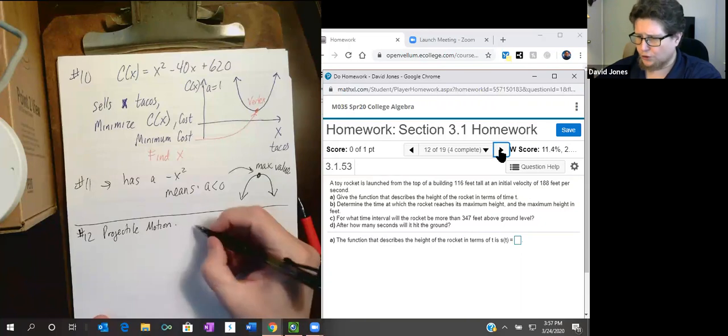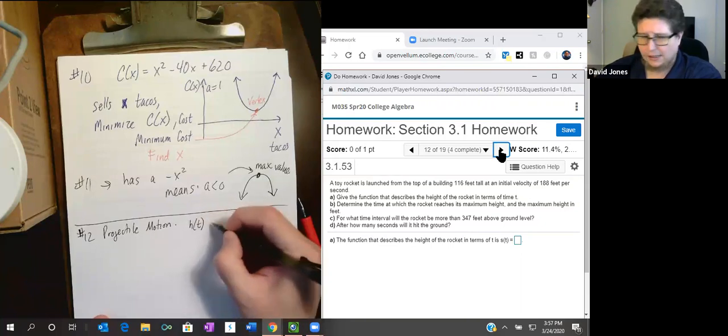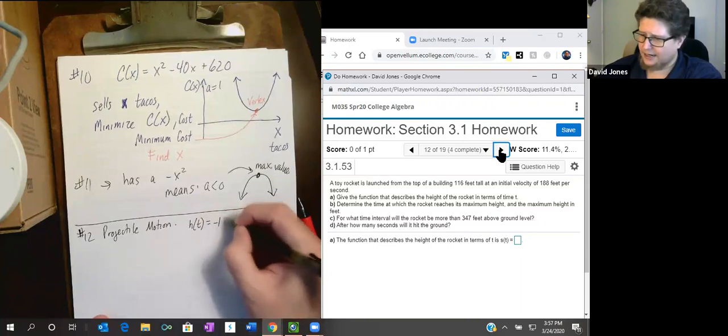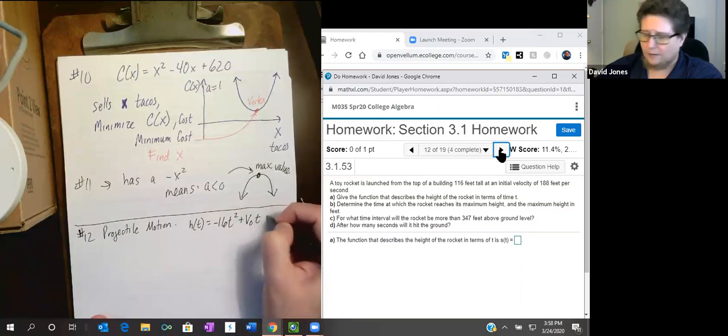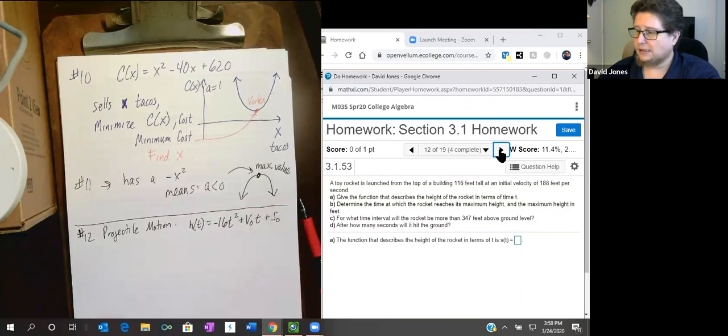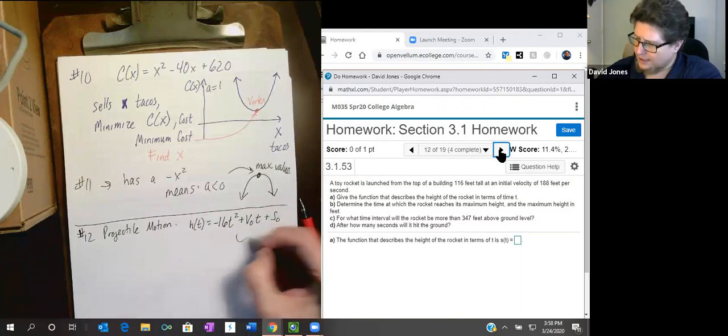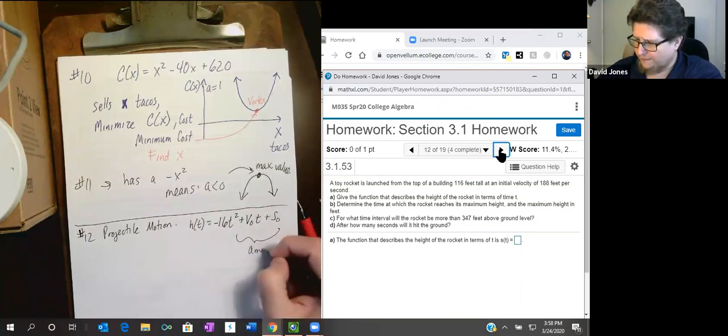Now, I told you the function was h of t equals negative 16t squared plus v naught t plus s naught. This is in American units, feet per second.